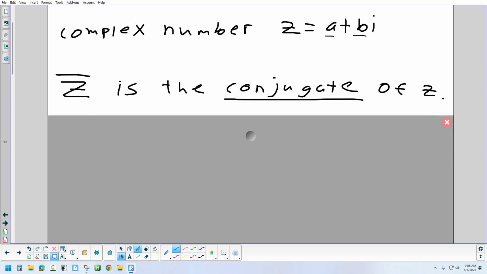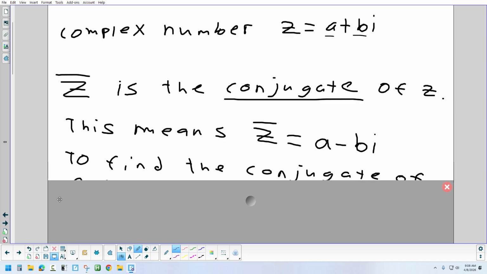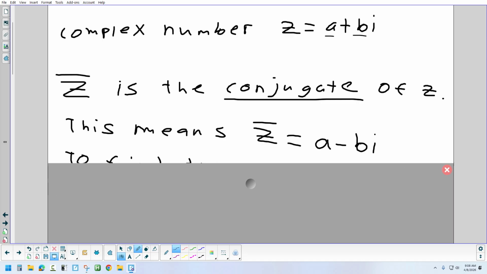So the conjugate of a number means if your original number had a plus for the imaginary part you make it a minus. If the original number had a minus, you would make the imaginary part a plus. So all you're really doing is changing the symbol that's in the middle. If it's a plus, make it a minus.